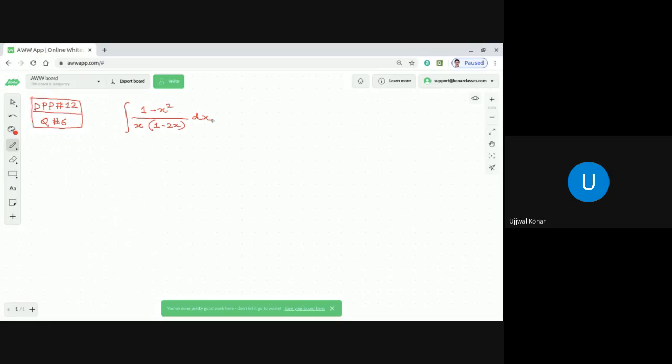We have done a similar problem yesterday where we observed that the degrees of both the numerator polynomial and denominator polynomial are equal. At that time, what should we do? We should divide, correct? Numerator by denominator. So what are we going to get out of it?